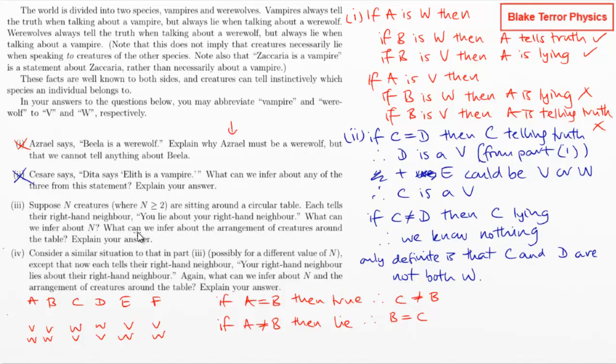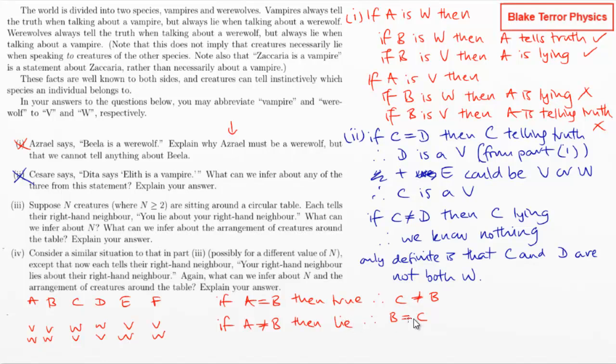So we've got that. What can we infer about the arrangement of creatures around the table? Right, so they're going in that sequence. They've got pairs next to each other. And we have to have then at least 4 of them on the table.